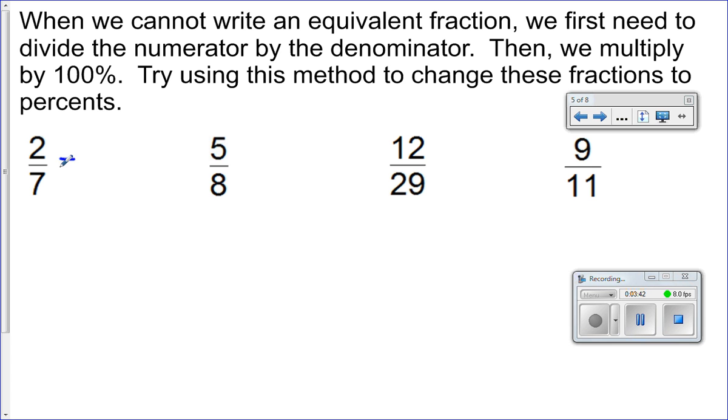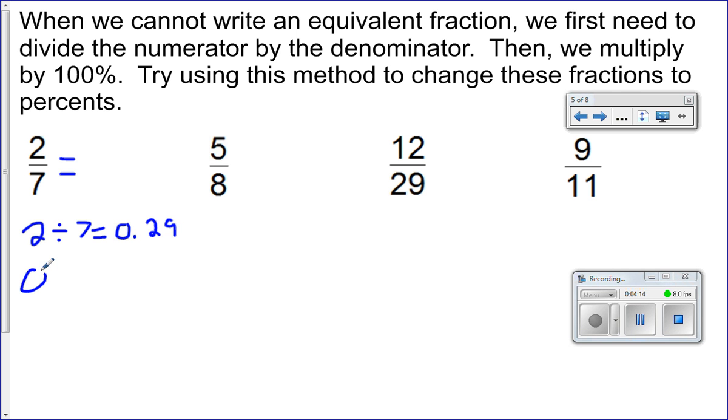So in this case, we're going to do 2 divided by 7. And I went ahead and calculated that. That gave me, if I round up, 0.29.